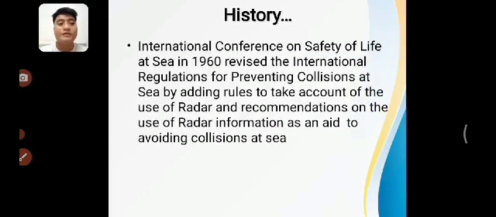The International Conference on Safety of Life at Sea, or SOLAS, in 1960 revised the international regulations for preventing collisions at sea by adding rules to take account of the use of radar, and recommendations on the use of radar information as an aid to avoiding collisions at sea.